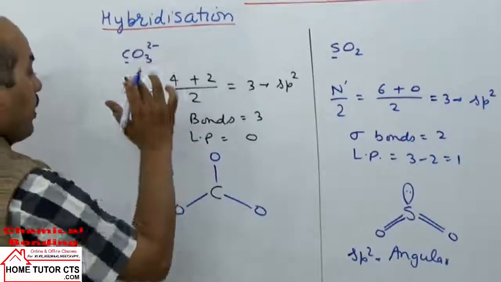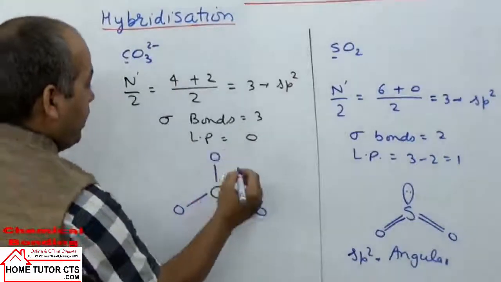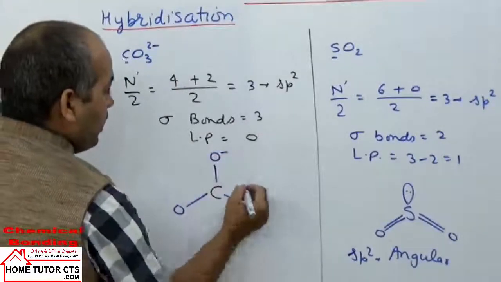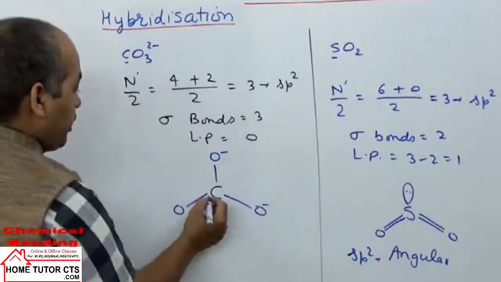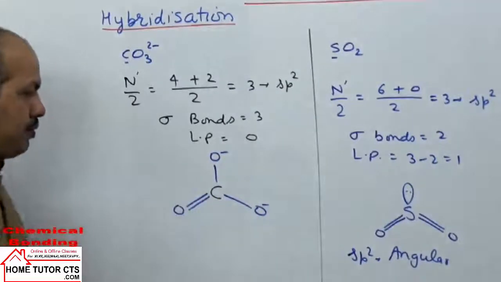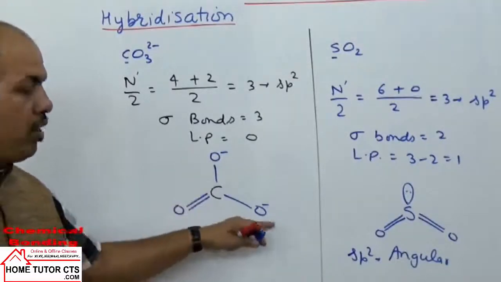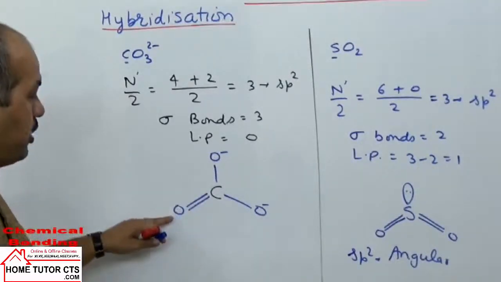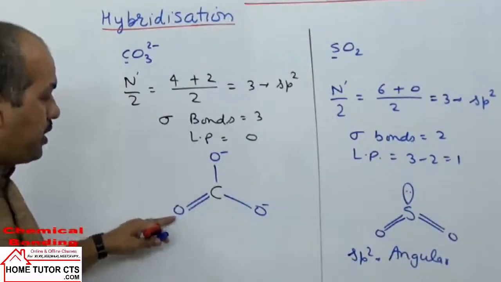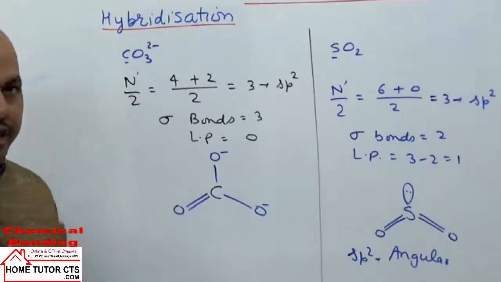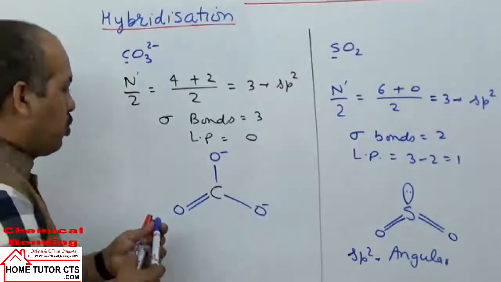Now they have 2 minus charge, so 2 of the oxygens will carry -1 formal charge each. They form single bonds to have a complete octet, whereas the remaining oxygen will have a double bond and no charge, because then it has a complete octet. Suppose we draw it here.